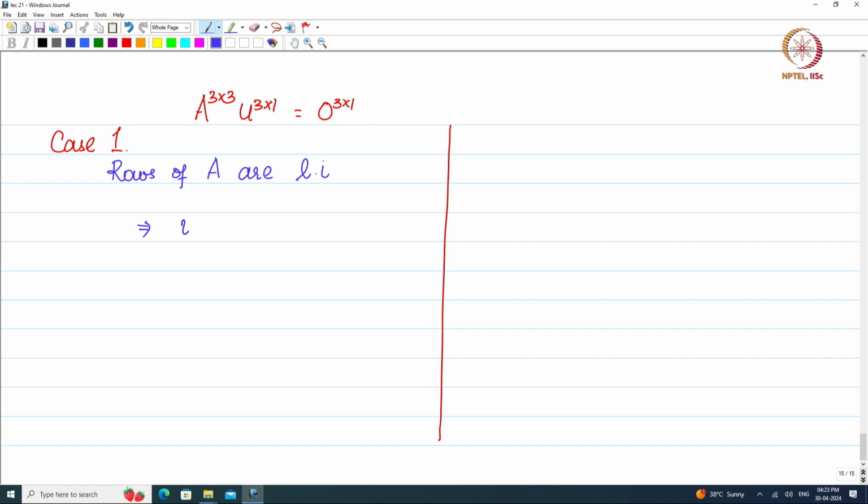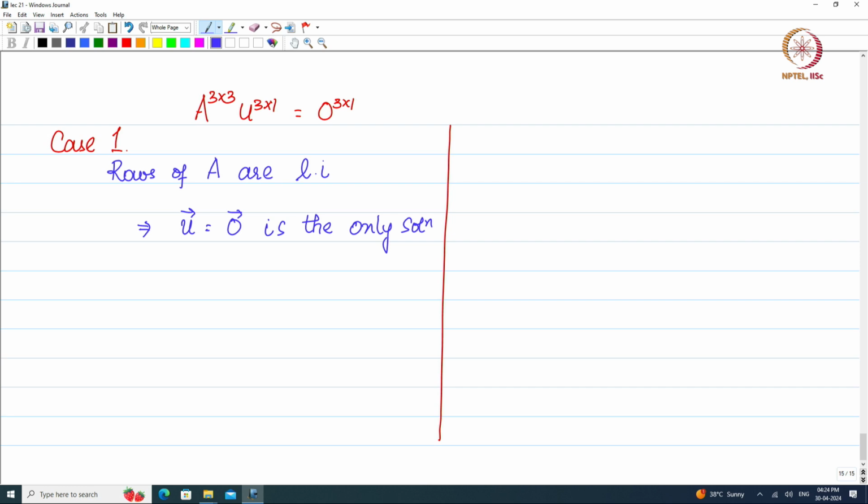This means u equal to the 0 vector is the only solution. This also means that the three row vectors of the matrix A form a parallelepiped whose volume is not 0, and you know that the volume is the determinant of the matrix.